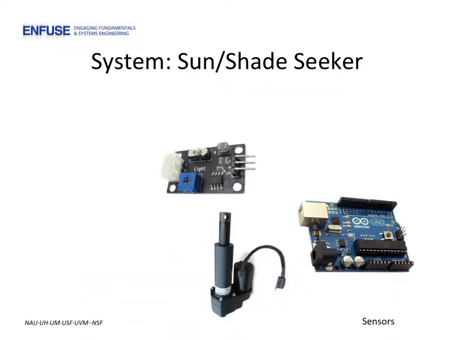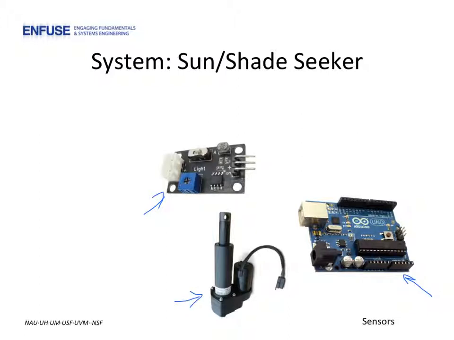The scenario here is we are using a light sensor to determine whether sun is shining at the sensor location, and then using an embedded system, such as this Arduino, to determine how a linear actuator might move.